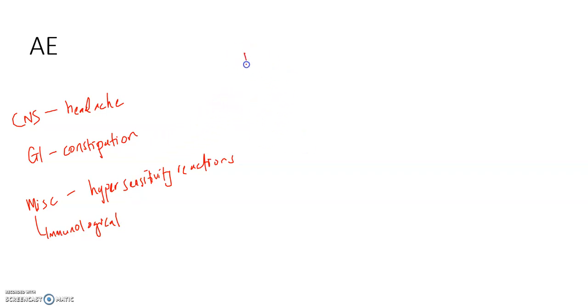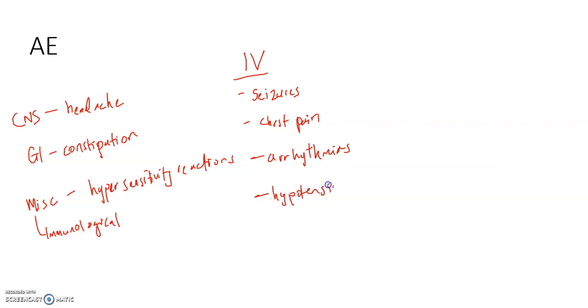And for IV ondansetron, it might cause seizures, chest pain, arrhythmias, hypotension, and also bradycardia.